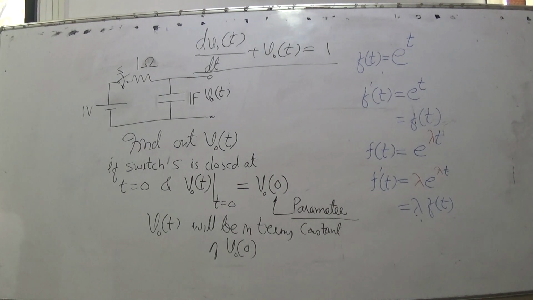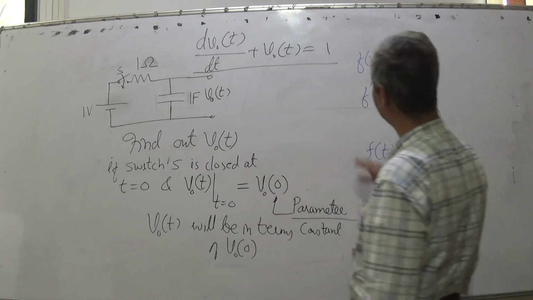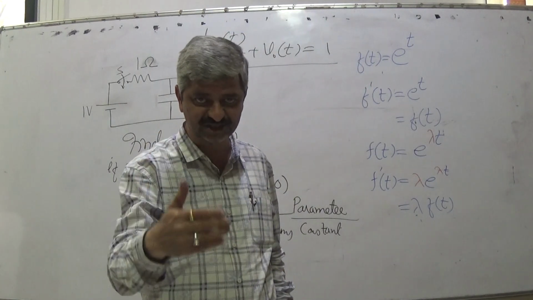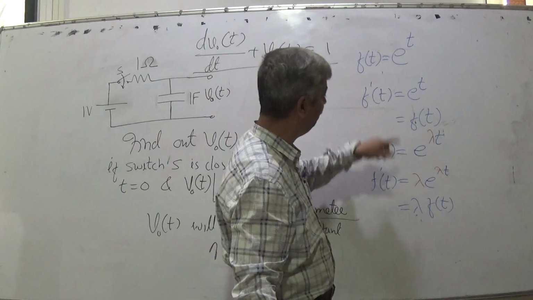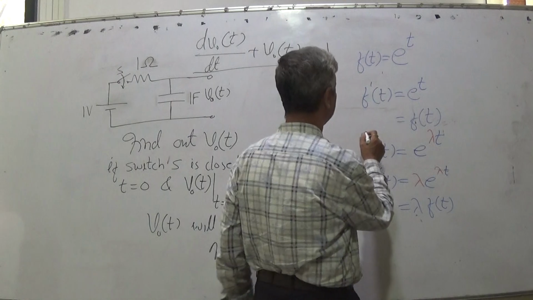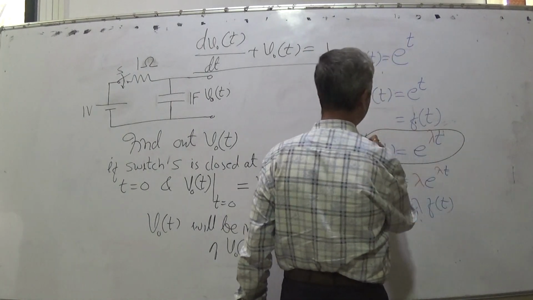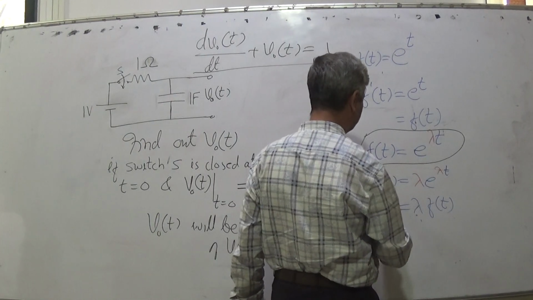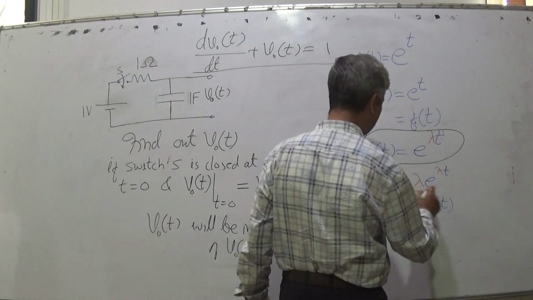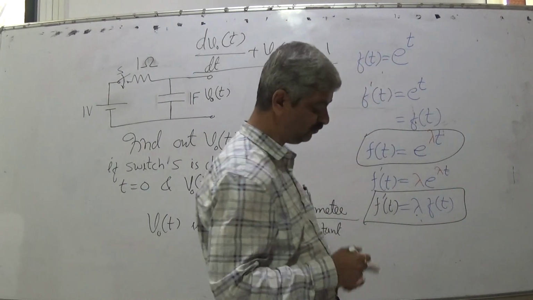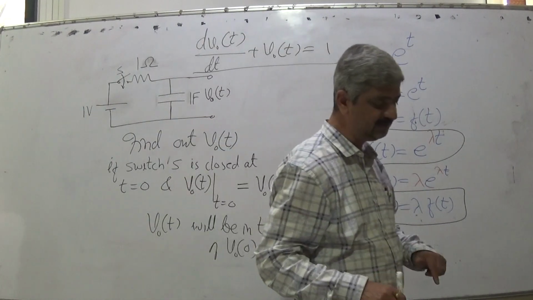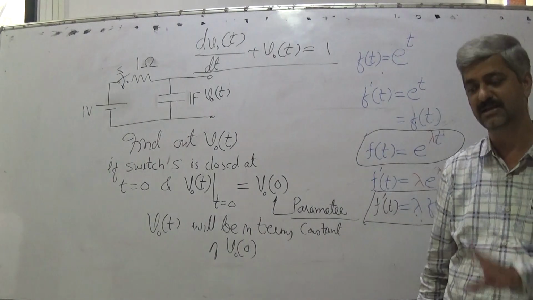Exponential functions are the only functions which provide that differentiation is scaling. So if the function is of the class e raised to lambda t, then the derivative operator is a scaling operator. So f dash t is equal to some constant into f t. In that case, the differential equation gets converted into a linear equation.